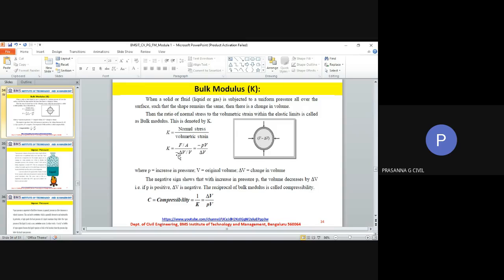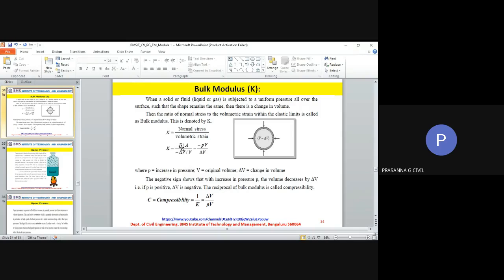There is a negative sign here. The negative sign shows that with an increase in pressure, the volume decreases by delta V. That is, if pressure is positive, delta V is negative. That's why the negative sign is there. So bulk modulus is stress divided by volumetric strain, and volumetric strain is nothing but delta V divided by V.